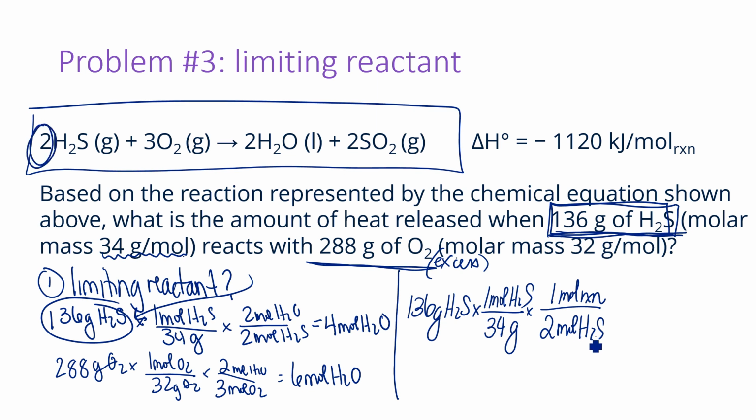So I'm going to say for 2 moles of H2S, there's 1 mole of reaction. And then for every 1 mole of reaction, I'm going to produce 1120 kilojoules of heat. So I'm going to plug this in my calculator, 136 divided by 34 divided by 2 times 1120.